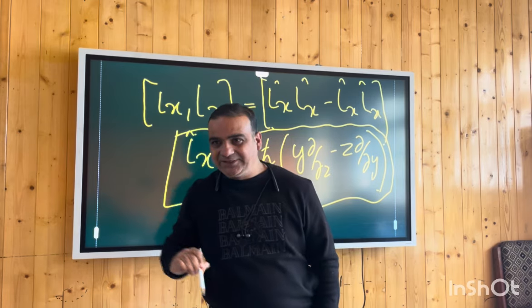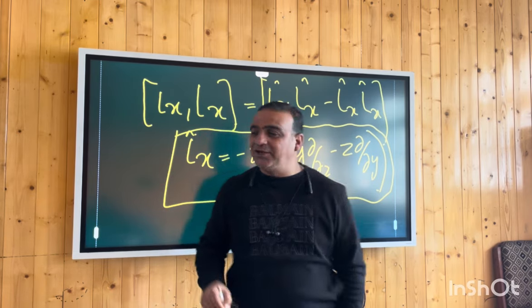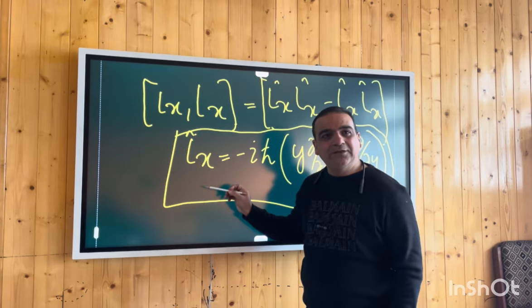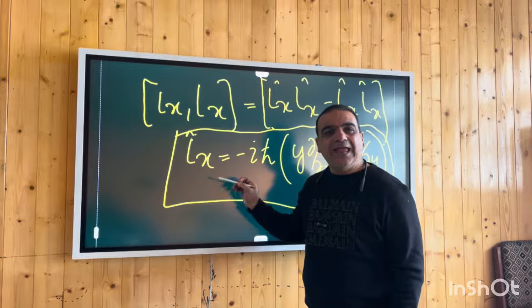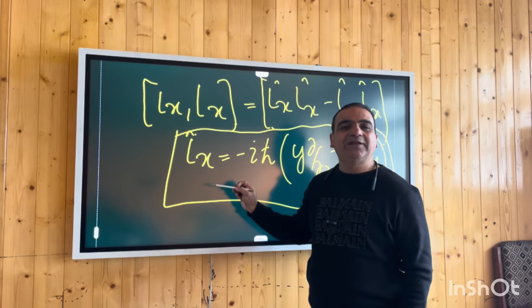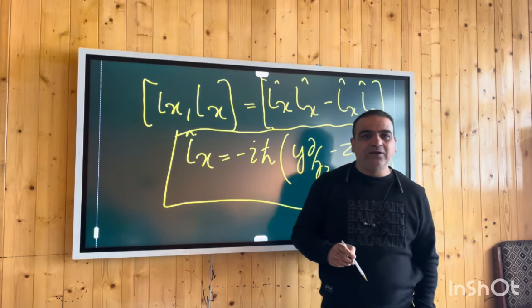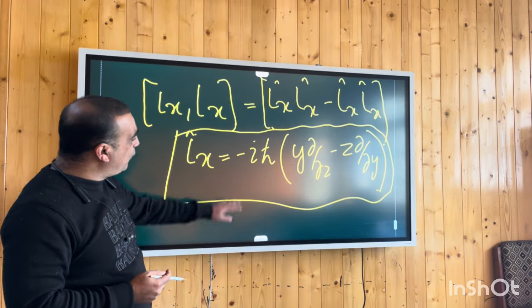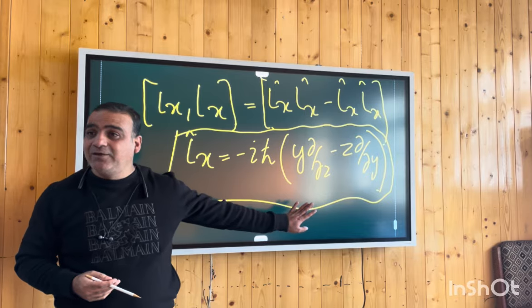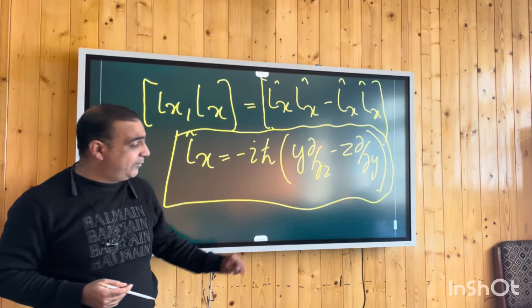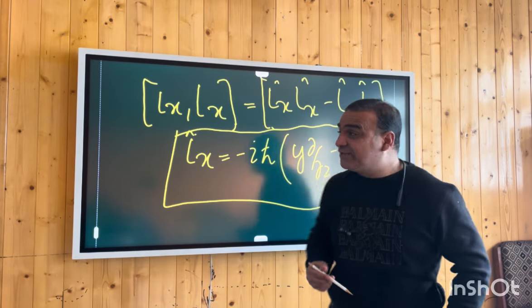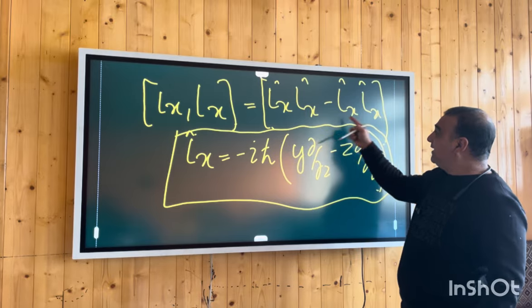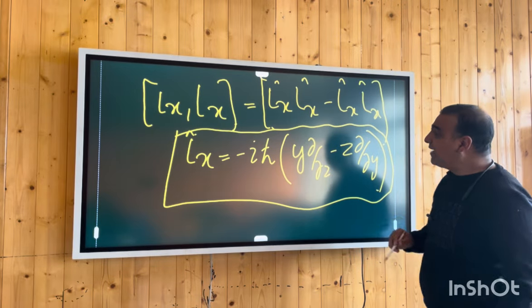You have a determinant, and solving that determinant will lead us to the x component of angular momentum. It will lead us to the y component and the z component of angular momentum. Now for the time being, we need only the x component of angular momentum. So what we would like to do is calculate this commutation.